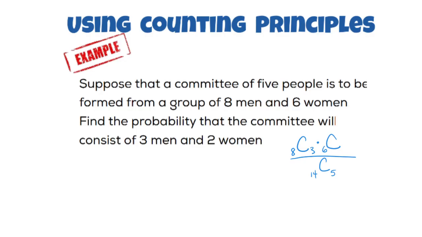So I'll have 6 women, and I need 2 of them to be chosen. When we type that in our calculator and divide it out, I get a probability of 0.420. We usually go 3 decimal places on probability.